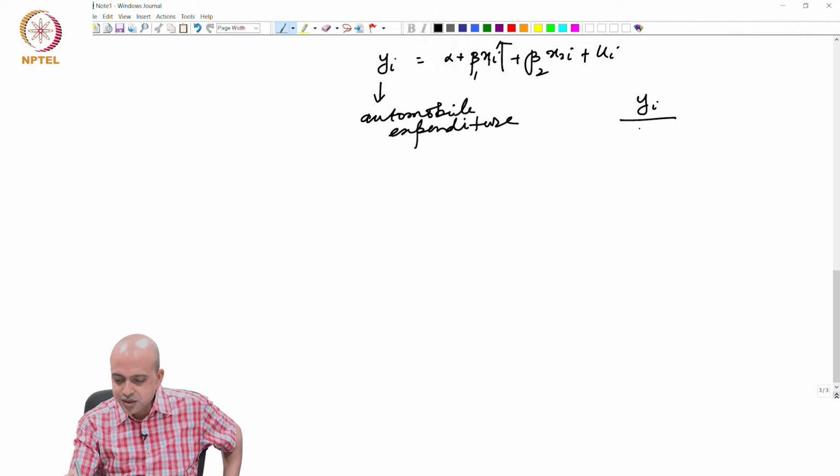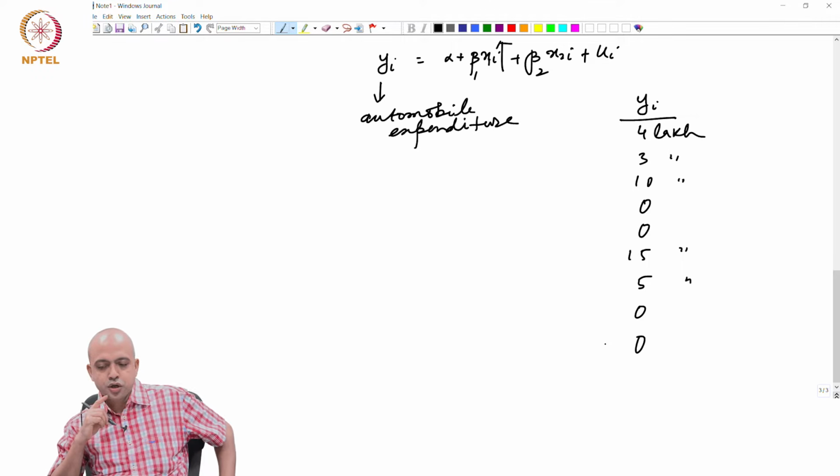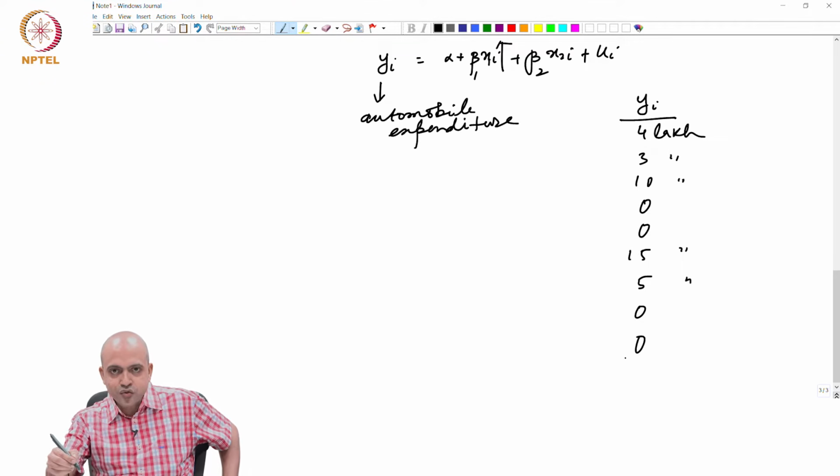Let us say the first individual says 4 lakh, then 3 lakh, then 10 lakh, then some individual will say 0, I do not have any automobile expenditure, then again 15 lakh, then 5 lakh, then again 0, 0, 0. So your y, the dependent variable, will take values like this.